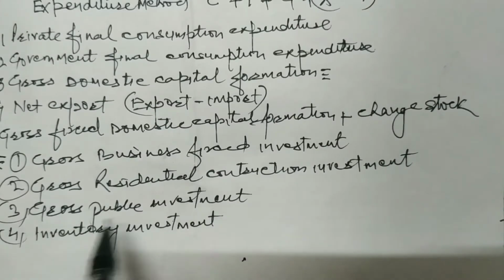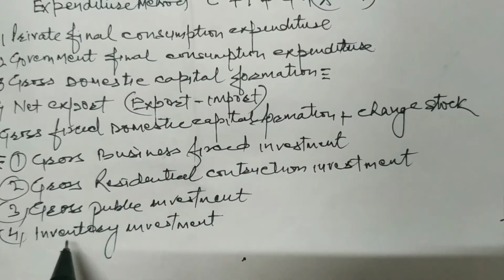Gross public investment is the investment made by the government. And inventory investment is the stock concept. Here in inventory we have stock of finished goods, stock of semi-finished goods, stock of raw material. This is all called the inventory investment.